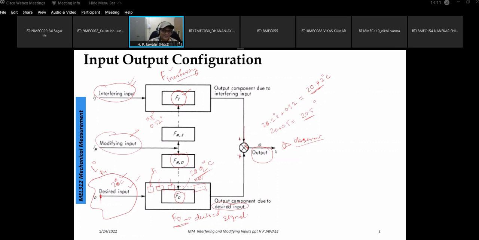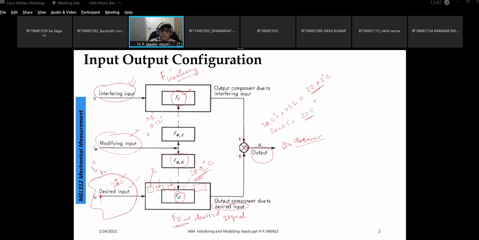Okay, so coming back to the modifying input: it is the one that is going to alter the desired signal as well as the interfering signal. Say, for example, the modifying input affects per degree Celsius rise in temperature, so for 20 degrees of input signal, it has given rise to 20.02. After modifying the input signal, the signal at this end is of the order of 20.2 degrees Celsius.